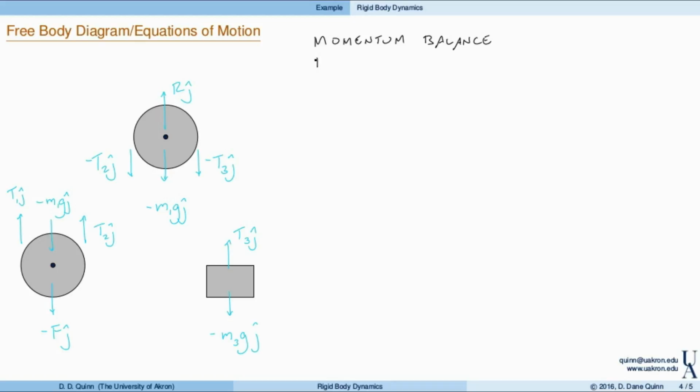So in particular, for pulley 1, we have linear momentum balance as the sum of the forces acting on this object, which is T1 in the j direction minus m1 g in the j direction plus T2 in the j direction minus F in the j direction equals m1, the mass of the pulley, times x double dot in the j direction, which is equal to the mass of the object times the acceleration of the mass center.